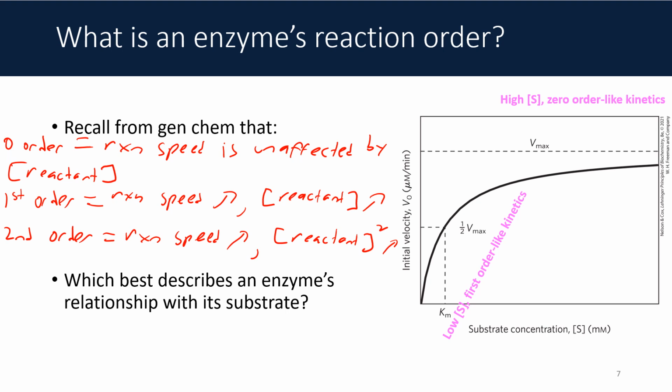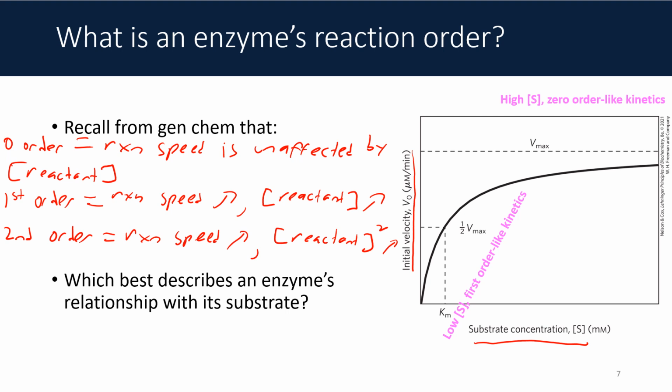Now consider this plot. To a solution with a fixed enzyme concentration, increasing the substrate concentration in the x-axis at first will cause the reaction velocity or rate in the y direction to increase.